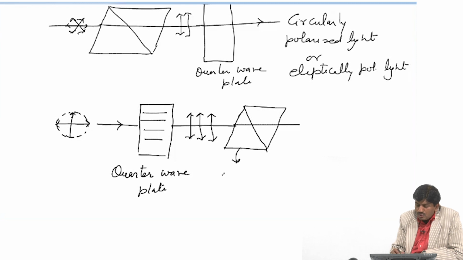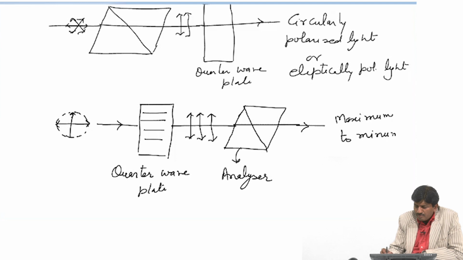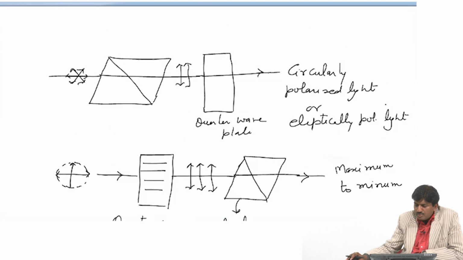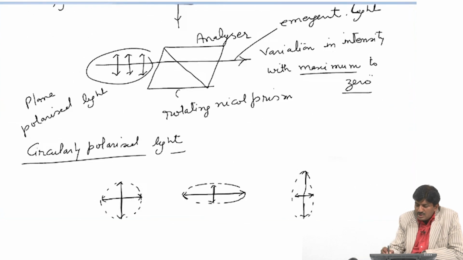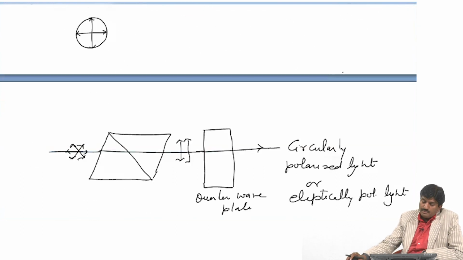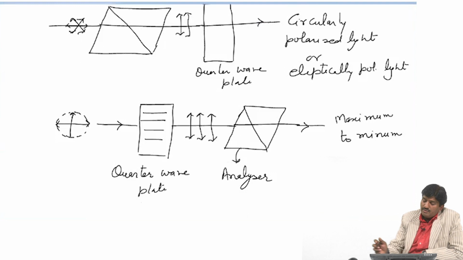in this condition this Nicol prism is known as the analyzer. If we pass it through the Nicol prism, the intensity of the emergent light varies from maximum to minimum, not 0, as in plane polarized light the intensity is also 0, but in this situation intensity is varied from maximum to minimum, but not 0.